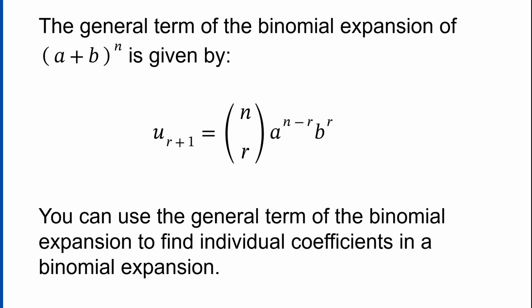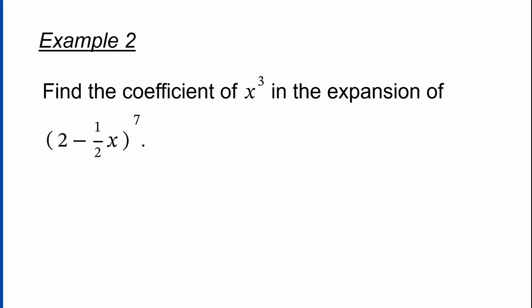So we use this general term to find individual coefficients or terms in a binomial expansion. An example that we can have is this one, which says, find the coefficient of x cubed in the binomial expansion of (2 - a half of x) raised to the power of 7.